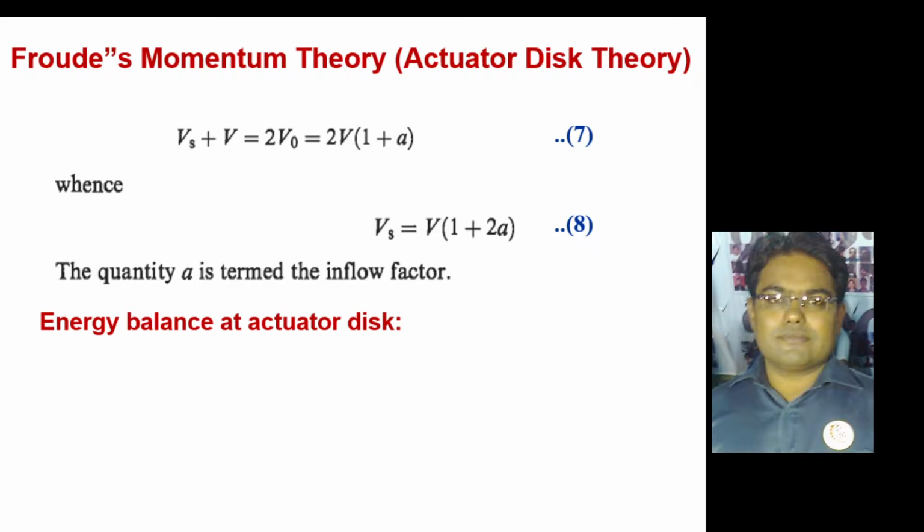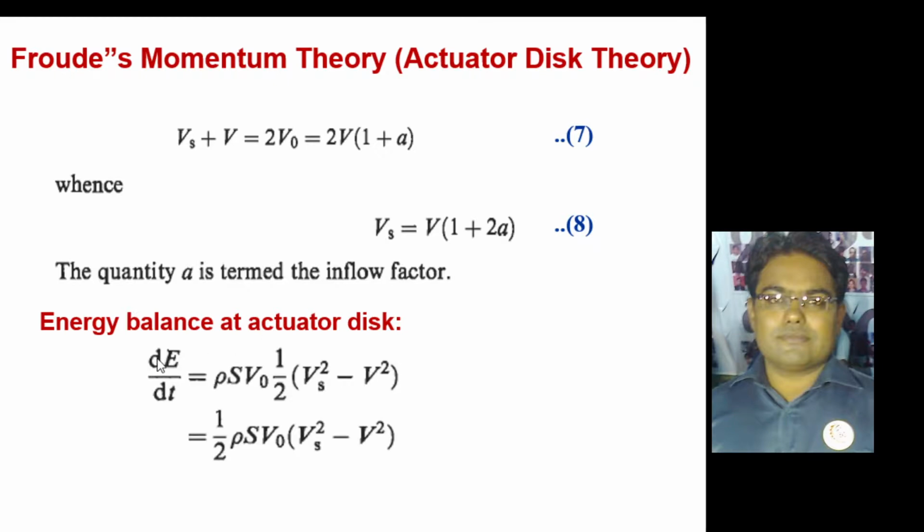So the energy balance, if we find it on the disk, energy is nothing but kinetic energy. So the kinetic energy entering and leaving, if we take the difference of this, we call it the energy balance. So the energy per time is the mass flow rate into half rho (vs square minus v square). This is the slipstream velocity, this is the free stream flow velocity.